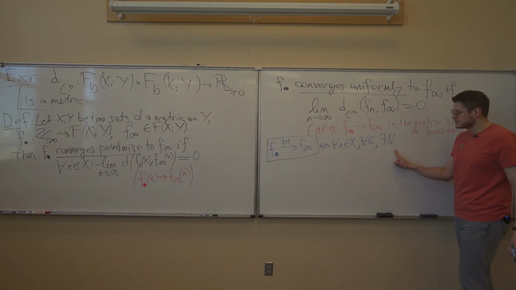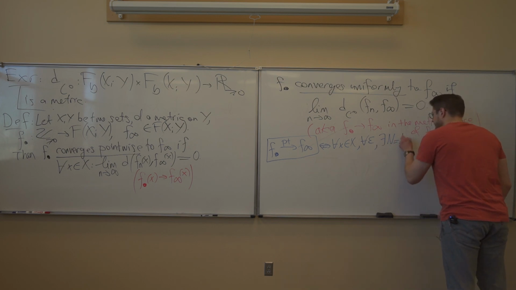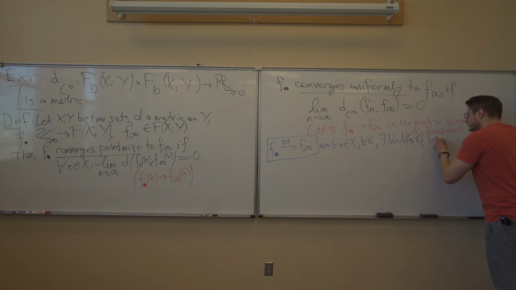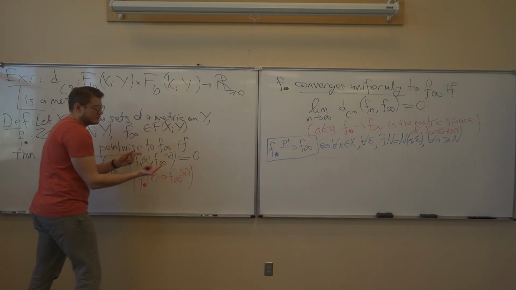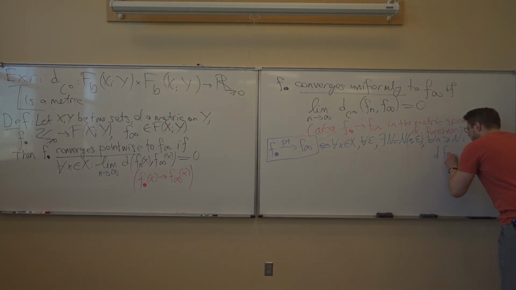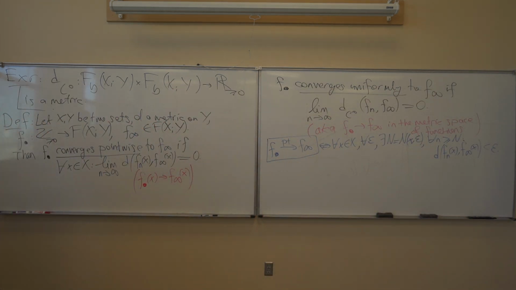There's a capital N that depends possibly on x and epsilon, such that for any lowercase n after this uppercase N, the distance, so this number, is less than epsilon. That's the content of pointwise convergence.